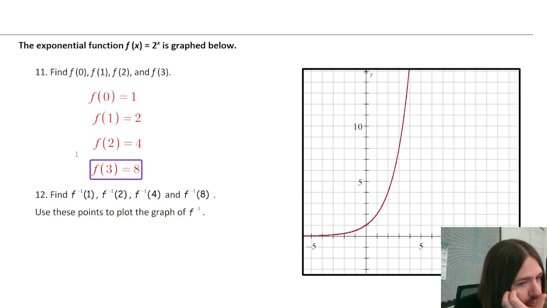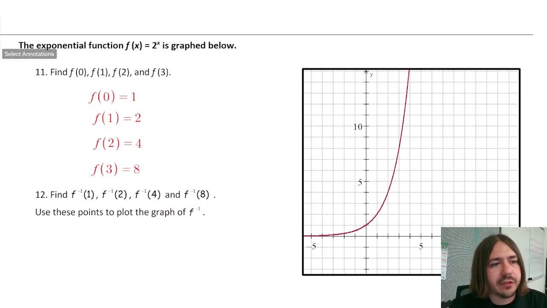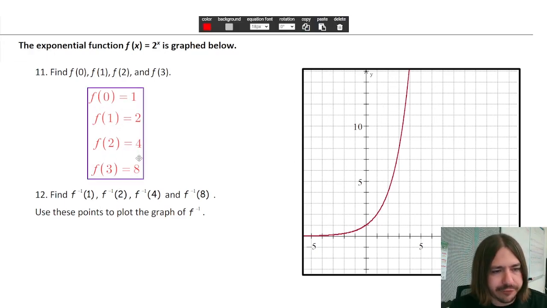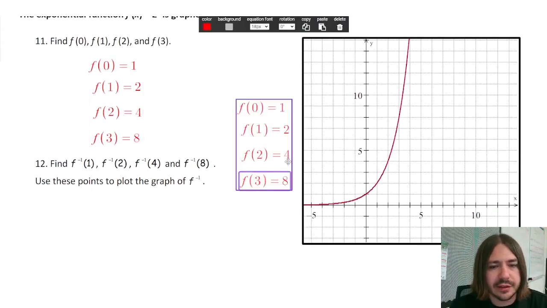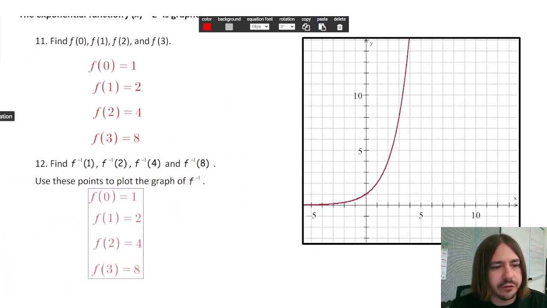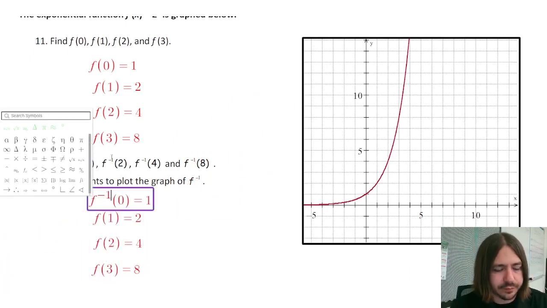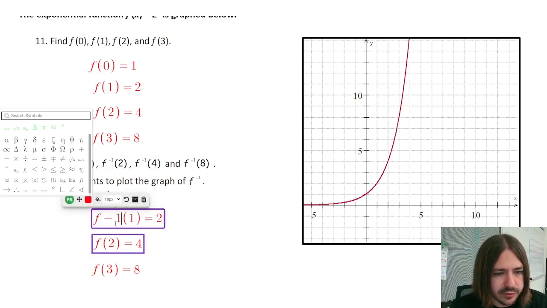Okay. So now for the inverses, basically what we're going to do here is just flip the inputs and the outputs.